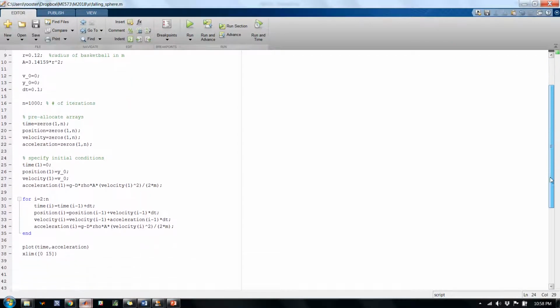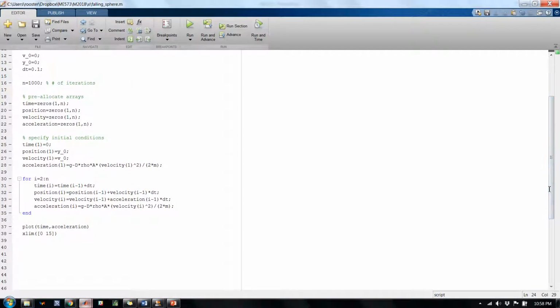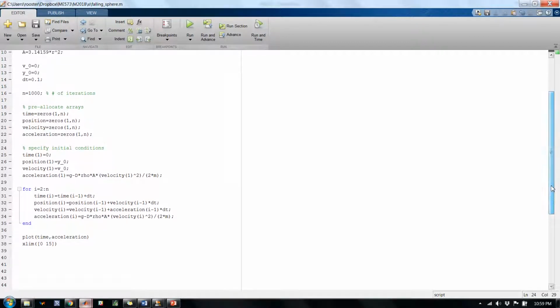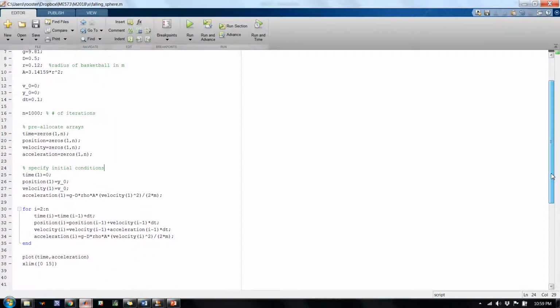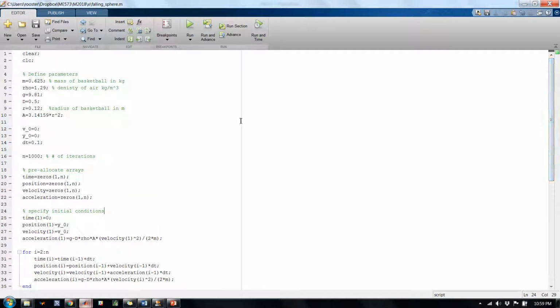Here's the script we've been working with, and remember we ran this and we get the correct qualitative behavior anyway. Now by comparing our computational solution to the exact solution we get from doing the integral, we'll be able to inspect and systematically check the accuracy of our computational solution.